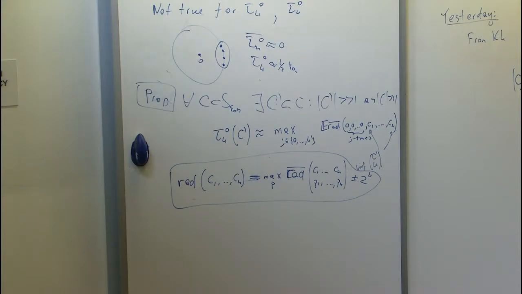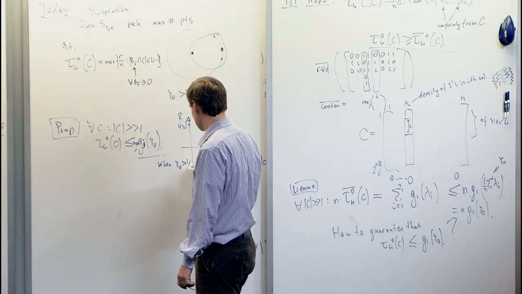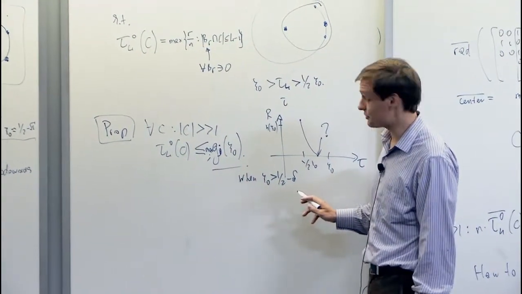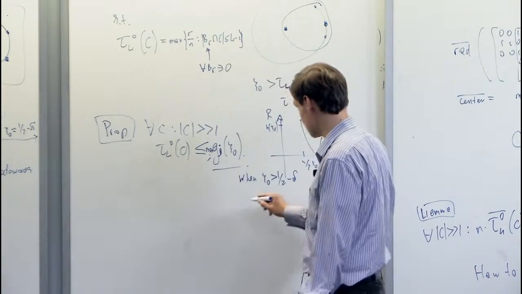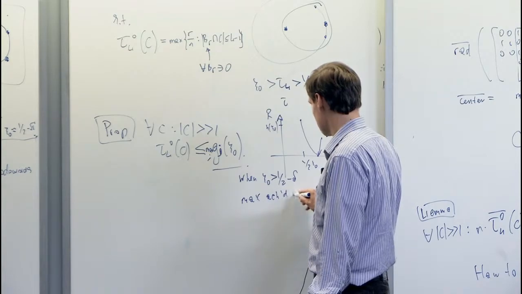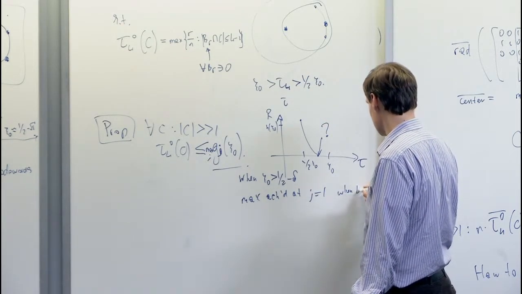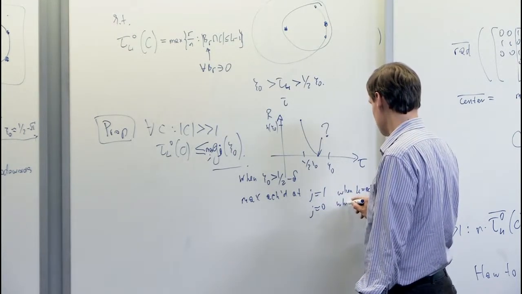But actually, when psi 0 is greater than 1/2 minus delta, so when it's very close to 1/2, and remember that's the regime of interest at low rate, it turns out that the maximum is achieved at j equals 1 when L is odd, and j equals 0 when L is even.